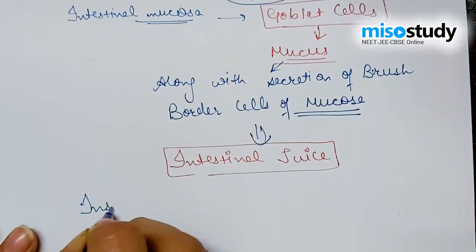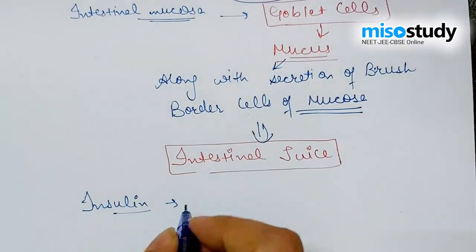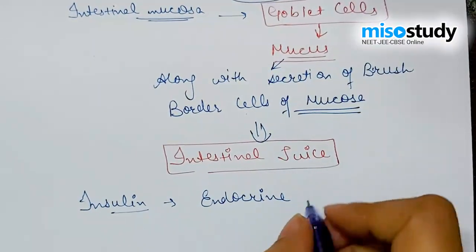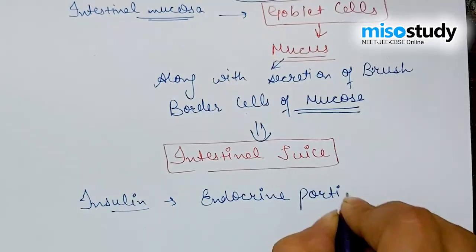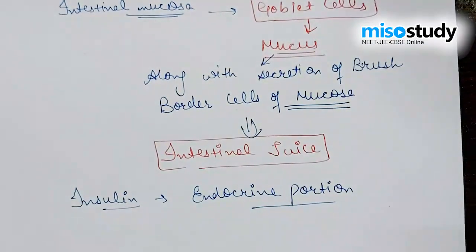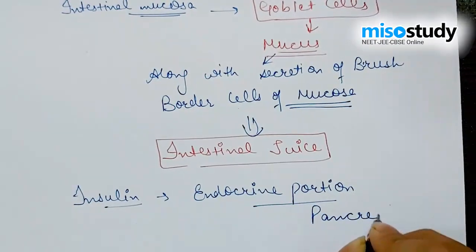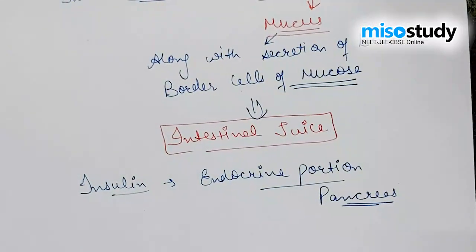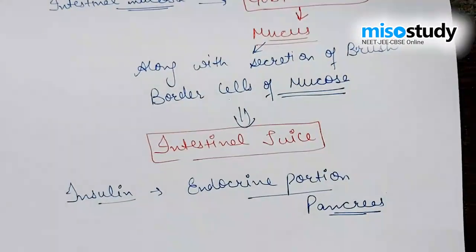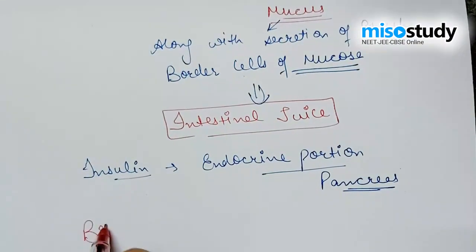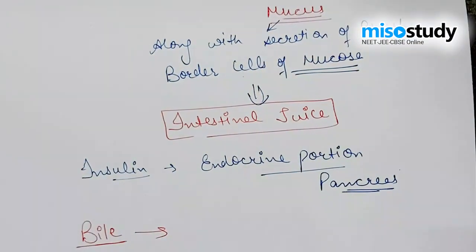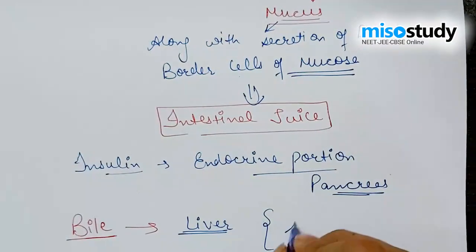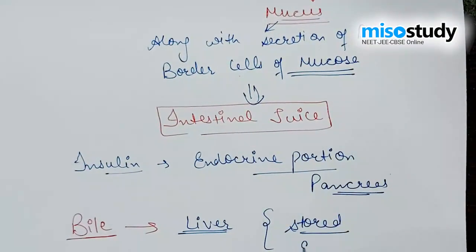Insulin is secreted by the endocrine portion of the pancreas. Along with that, bile is secreted from the liver, and it is generally stored in the gallbladder.